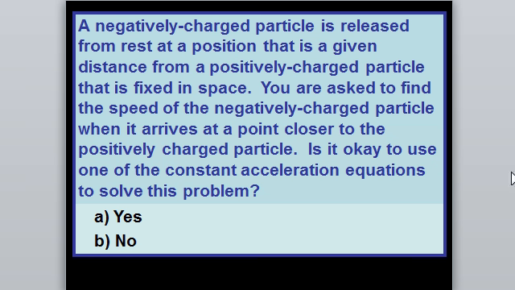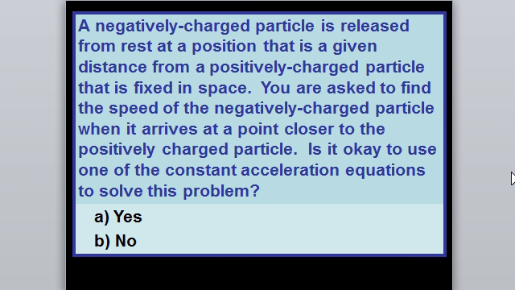A negatively charged particle. Go ahead and read this one. So I guess the idea would be, if we could use one of the constant acceleration equations, we'd use the force is equal to k times E, and the electric field at the point in space is kq over r squared, where the positively charged particle is the q.